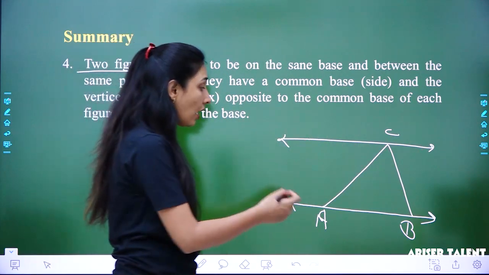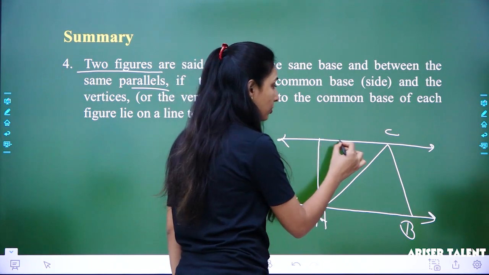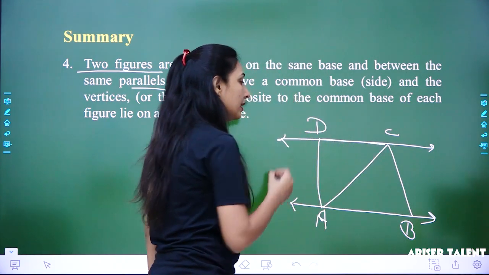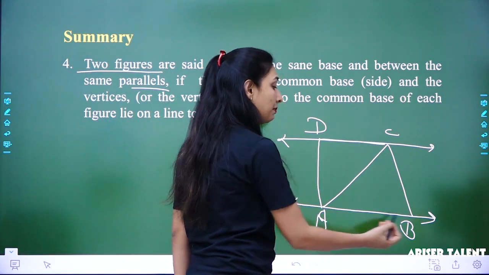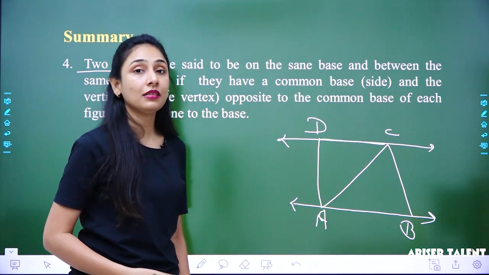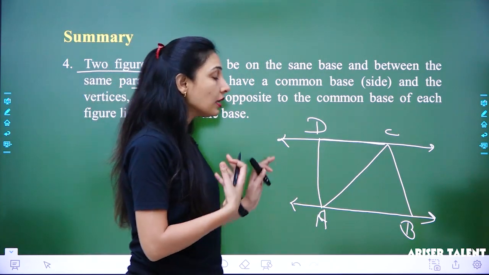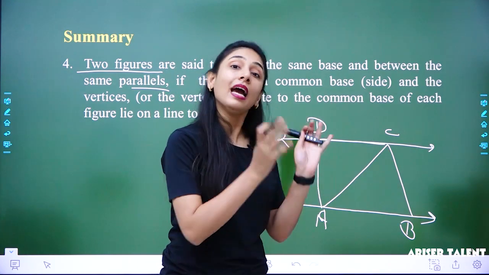If I construct a trapezoid here, ABCD, then having the same base AB and lying between the same parallels AB and DC, they will be called two figures on the same base and between the same parallels.